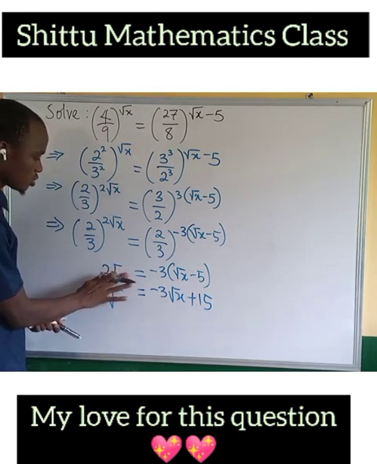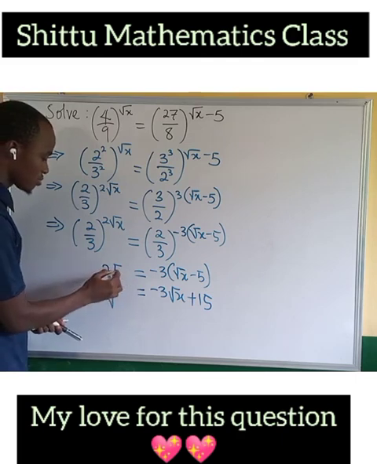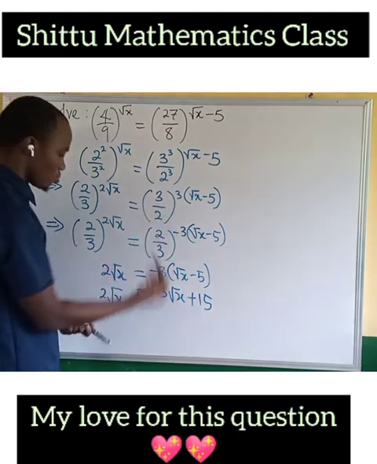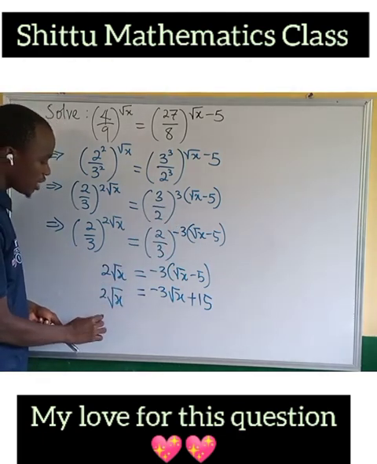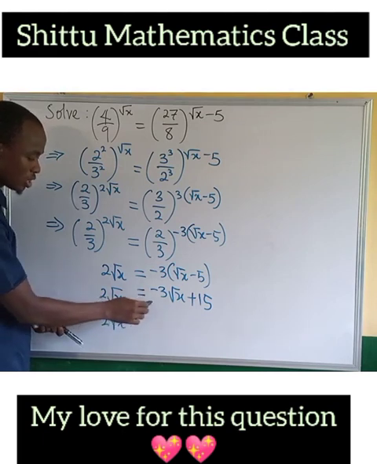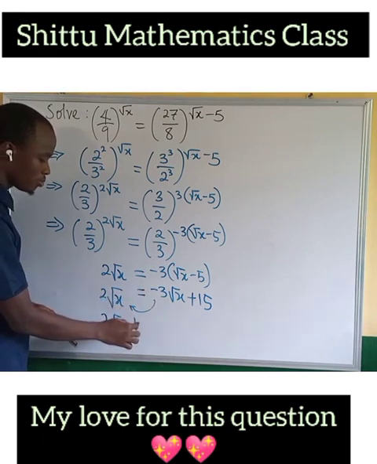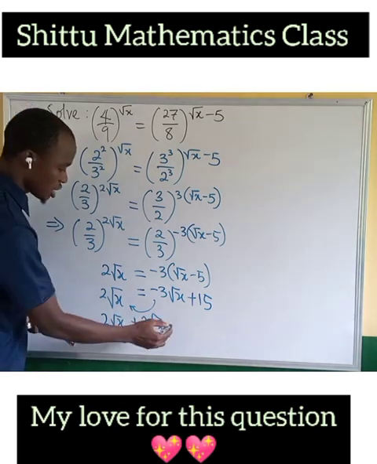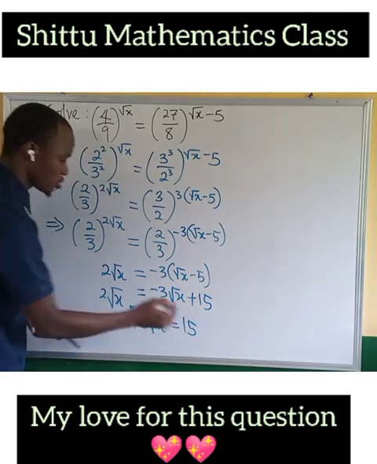Sorry, this is root x, not root 5. Now from here, collecting like terms, let this one come here, we are going to have plus 3 root x, so 2 root x plus 3 root x equals 15.